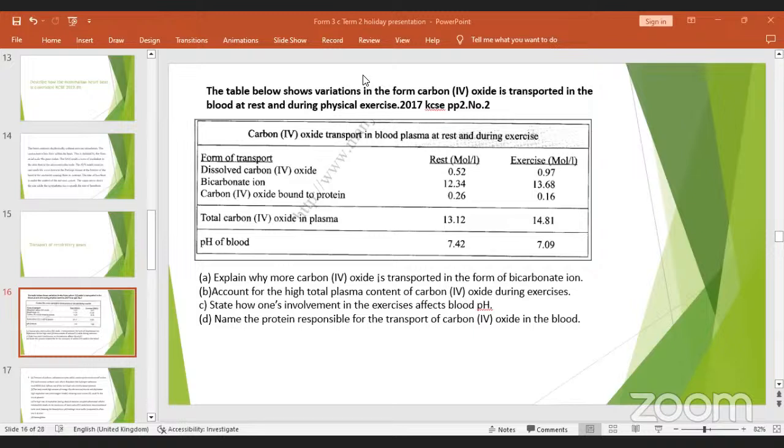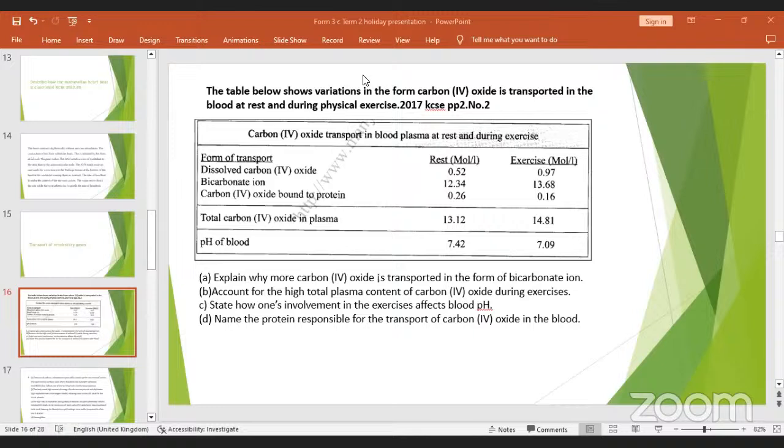You will observe a lot of precipitate when a tube is connected from anaerobically respiring yeast to lime water. But when you connect aerobically respiring yeast to lime water, you'll see less precipitate because aerobic respiration produces less carbon dioxide. That one should be in your mind.